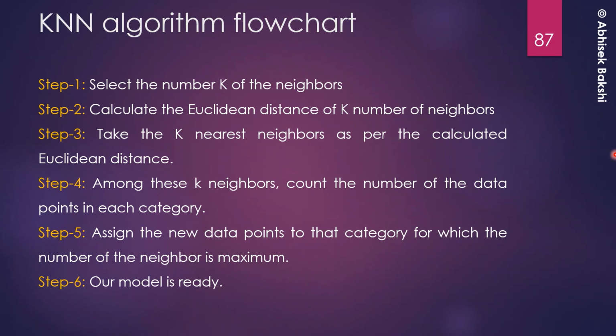Next, among these k neighbors, we count the number of data points in each category, and assign the new data point to the category for which the number of neighbors is maximum. Okay, and in this way it will move on, and then your model will be ready.